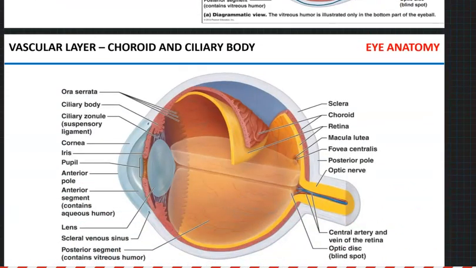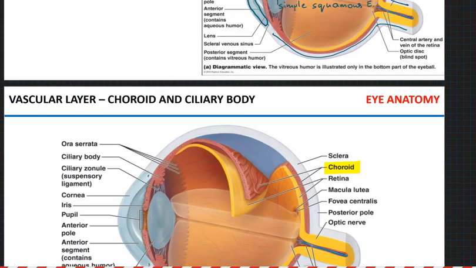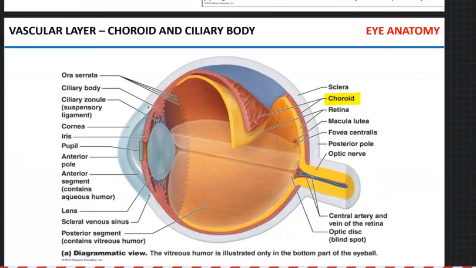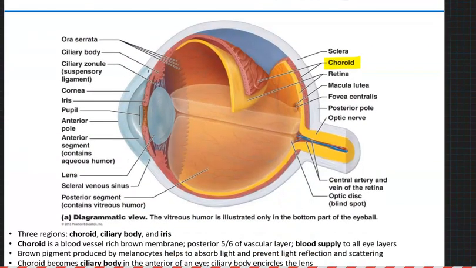Now, here we have the vascular layer, which consists of three parts: choroid, ciliary body, and iris. The choroid, shown here as the red layer, basically provides blood supply to most of the neural layer in the eye, to the actual part that sees the image. Then we have the ciliary body here.